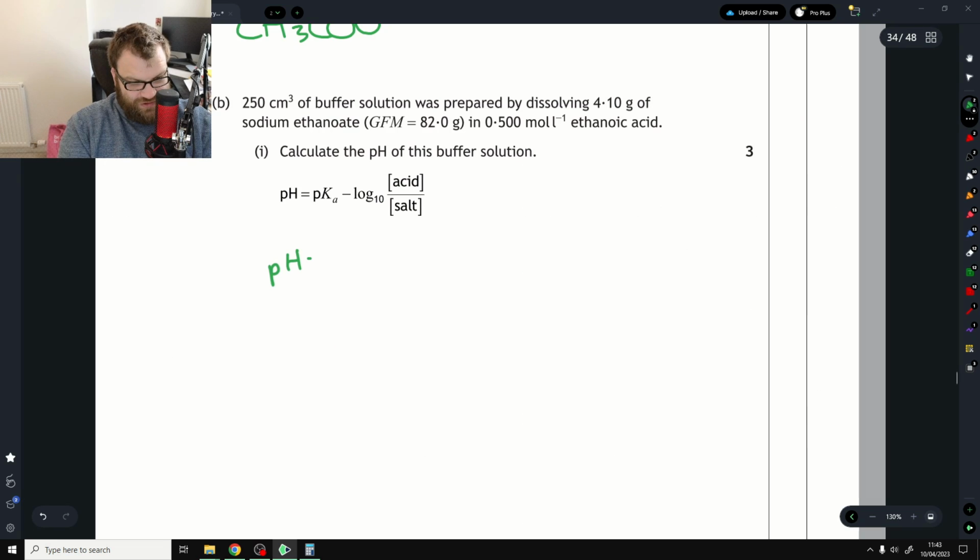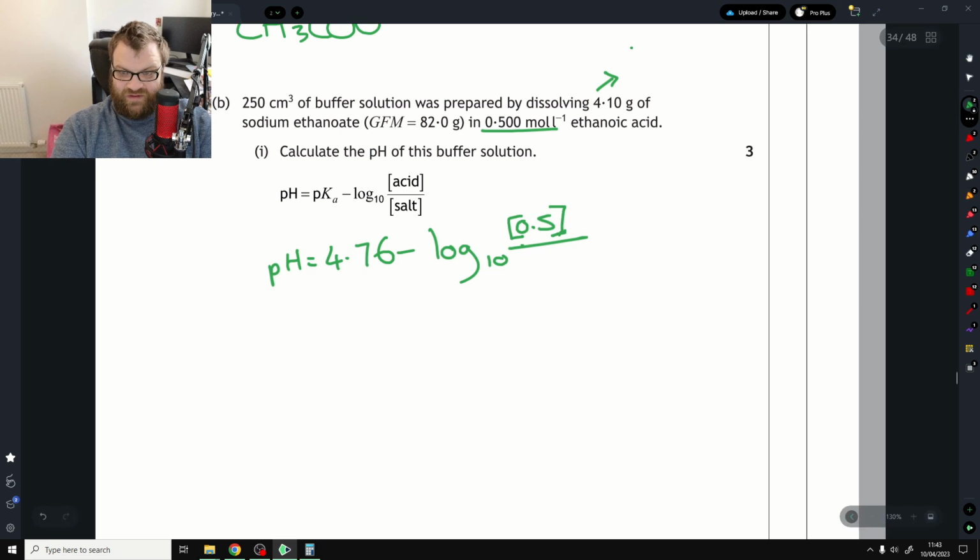We have pH equals 4.76 minus log to the base 10 of, now I need the concentration of the acid. We are told that will be 0.5 over. To work out the concentration of the salt, I'm going to do the number of moles first of all. It's going to be n equals m over GFM. n equals 4.1 over 82. That will give us 0.05 moles.